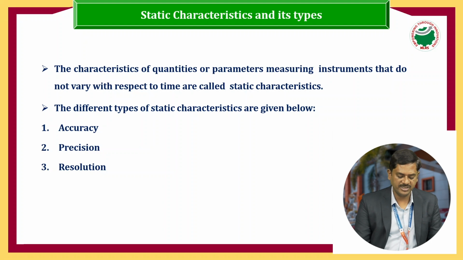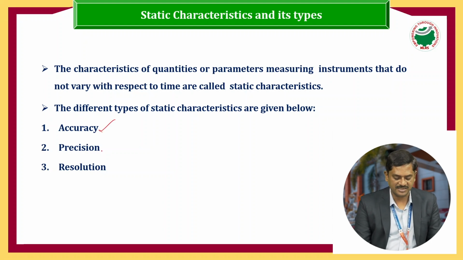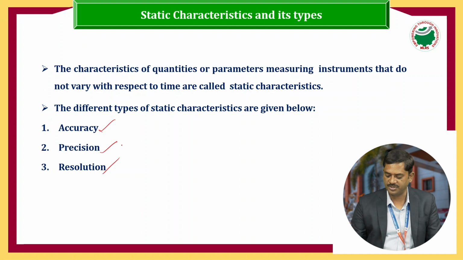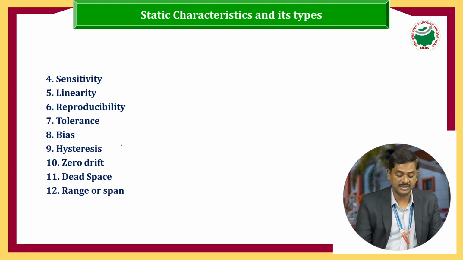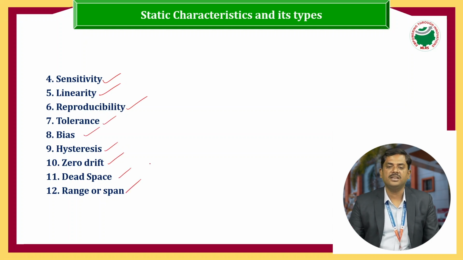The first one is accuracy. The second parameter of the static characteristics is precision, then resolution, and a few other types are sensitivity, linearity, reproducibility, tolerance, bias, hysteresis, zero drift, dead space, and range. So these are the characteristics which come under static characteristics.